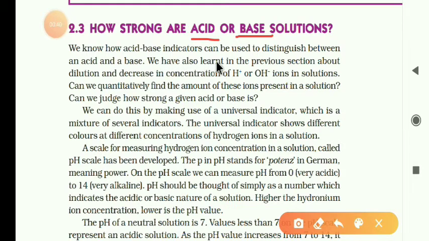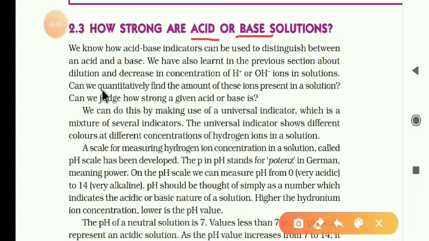We also learned in the previous section that dilution decreases the concentration of H+ or OH- ions in the solution. Now, can we quantitatively find the amount of these ions present in the solution?